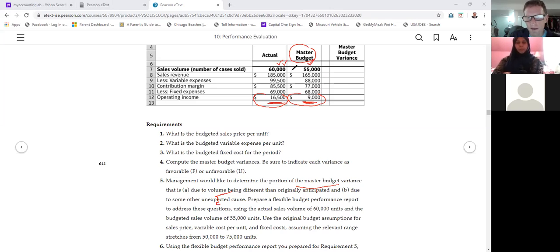The flexible budget is what we want to compare the actual to when we look at operating income, because the flexible budget is going to use the exact same volume. And the flexible budget will say, this is what we expected the operating income to be. And then we'll figure out, how close were we to that and what are the differences?